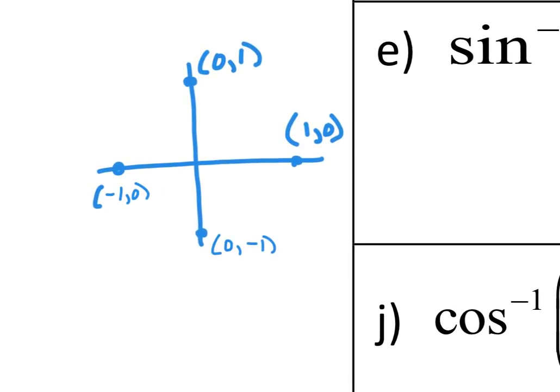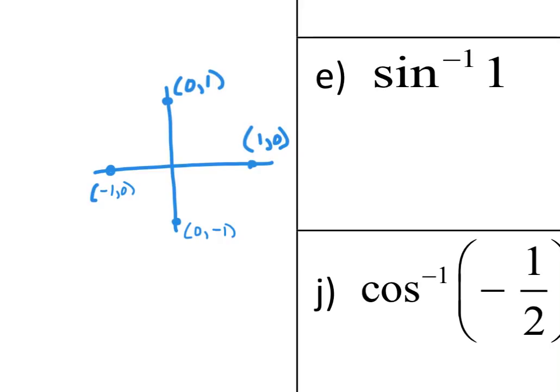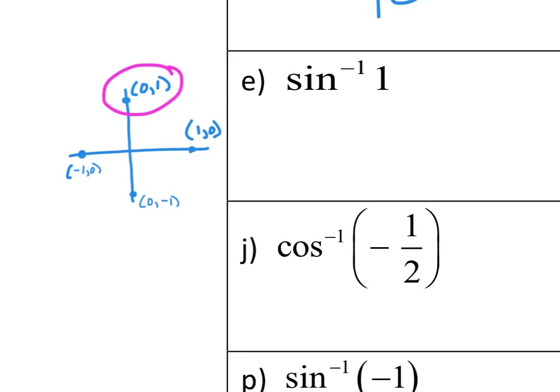All the x values are cosines, all the y values are sines. And so sine is 1 right up here, and that's 90 degrees. And so your answer to inverse sine of 1 is going to be 90 degrees.